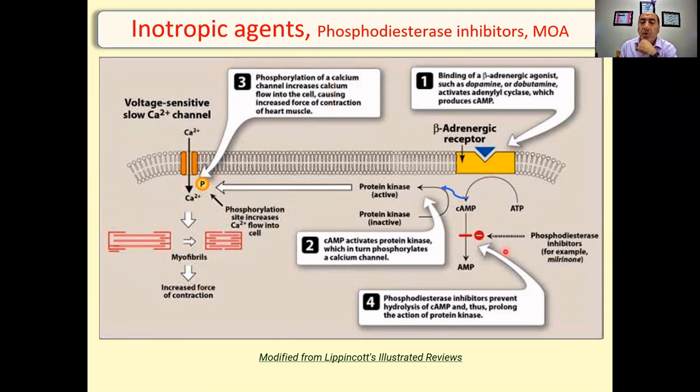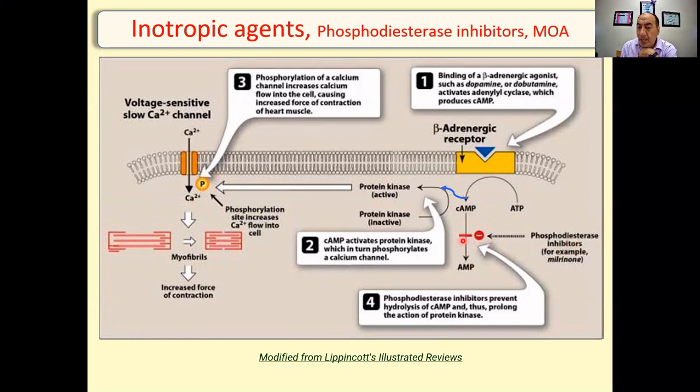So the phosphodiesterase inhibitors deal with cyclic AMP, but in a different manner than the beta agonists. They inhibit the inhibitors. The phosphodiesterase enzyme itself breaks down cyclic AMP into AMP, adenosine monophosphate.